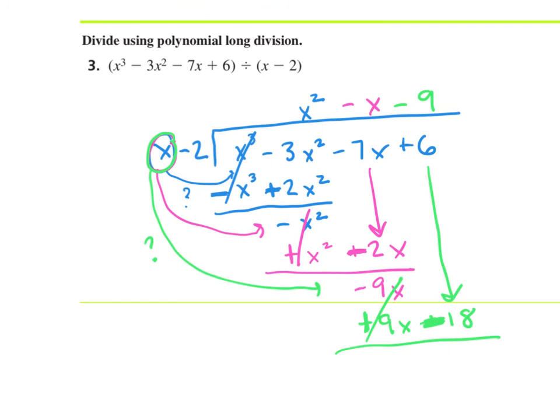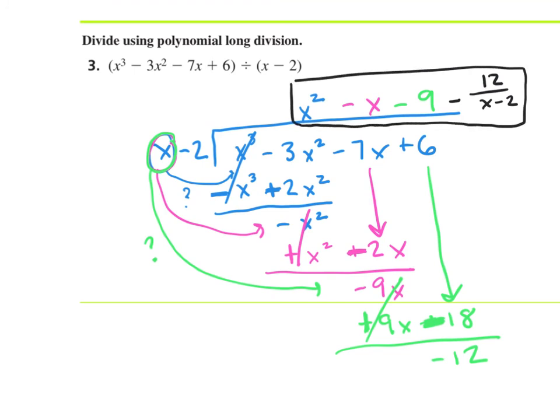Now we have 6 minus 18. Negative 12. What do we do with the negative 12? Awesome. We put it over x minus 2. So we can put minus 12 over x minus 2. And that's our answer.